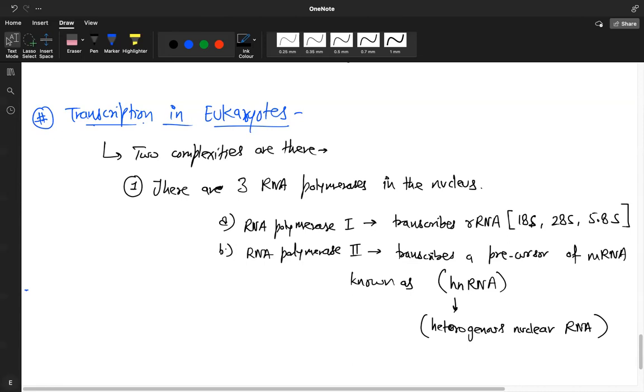Now we will study about that post-transcriptional processing to become mRNA.